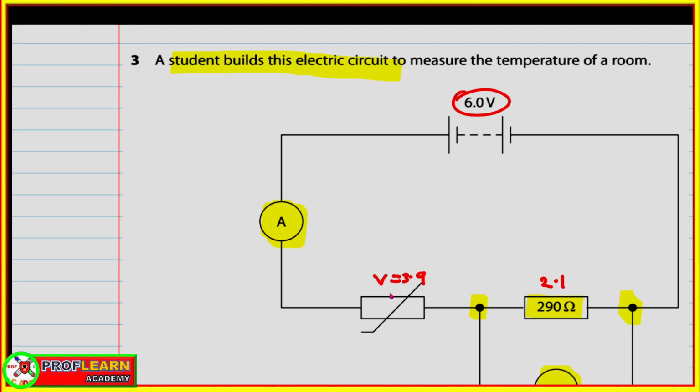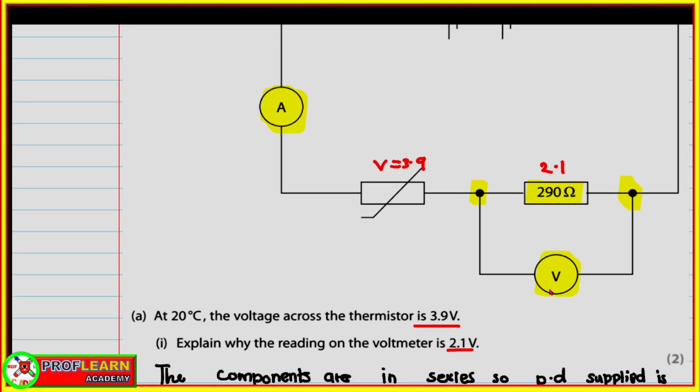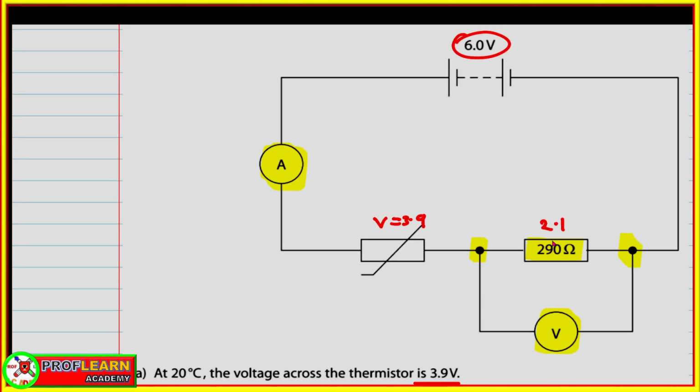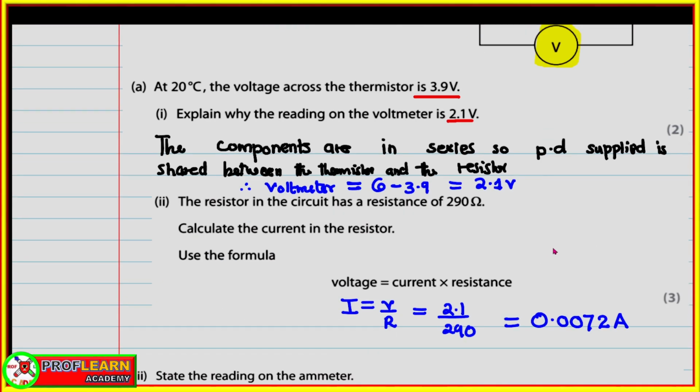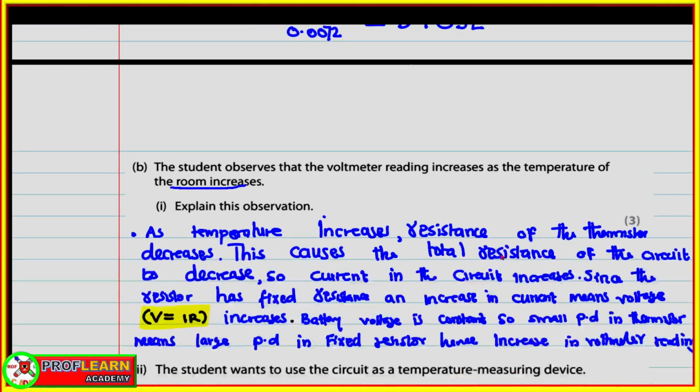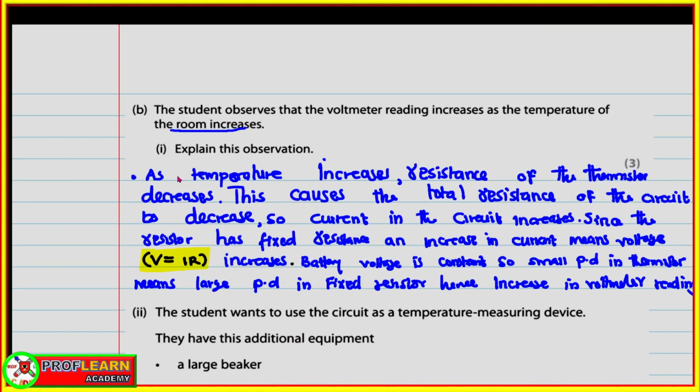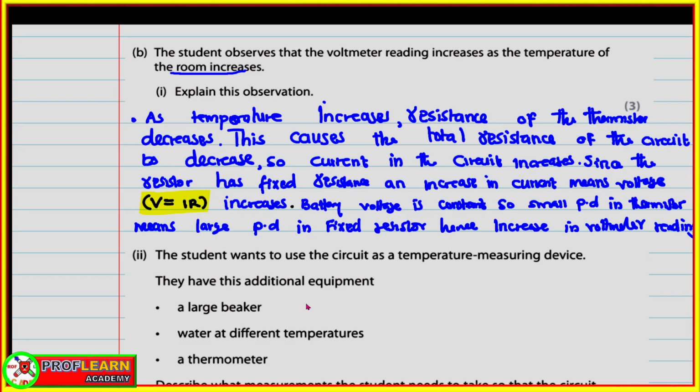If the PD goes down, it means that there will be a larger share across the fixed resistor. So in that way, I've given a classical description of how you're supposed to respond to this question, whereby you say as temperature increases, the resistance of the thermistor decreases, and this causes the total resistance of the circuit to go down.